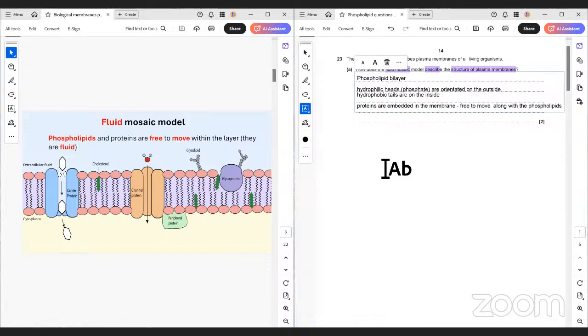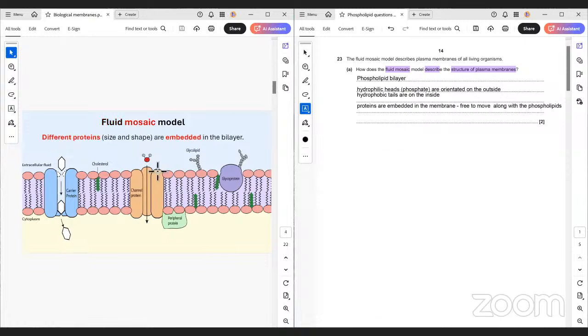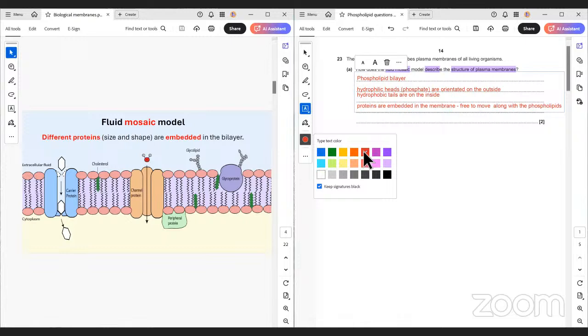So straight away, it's a fluid mosaic model. The fluid is to do with the phospholipids and the proteins being free to move, they can both move, and the mosaic part is that those different proteins are embedded randomly within that structure. I'm going to change the color here so that it shows up clearly that that's the answer.